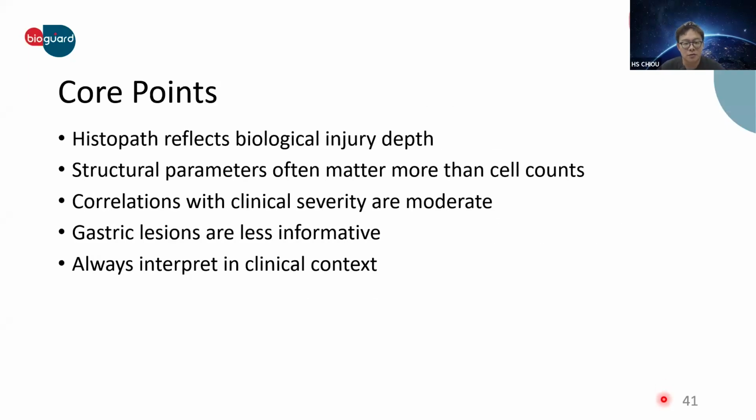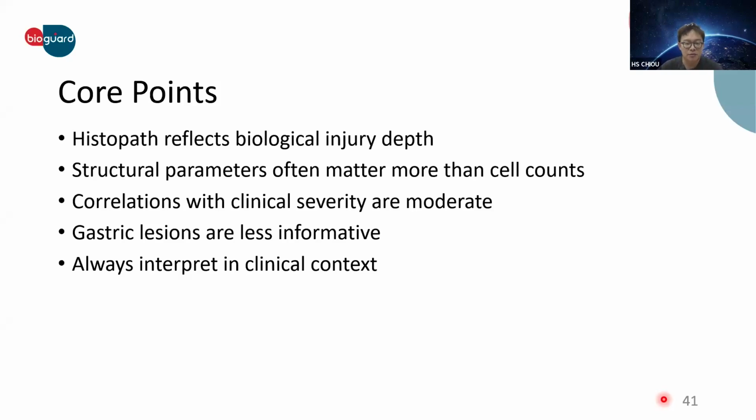Let's consolidate the major conceptual shifts from today. First, histopath is meaningful, but it's not absolute. Second, structural damage tends to correlate more consistently with clinical index than mild inflammatory infiltrates alone. Third, gastric biopsy lymphocytes are usually insufficient in most IBD cases.